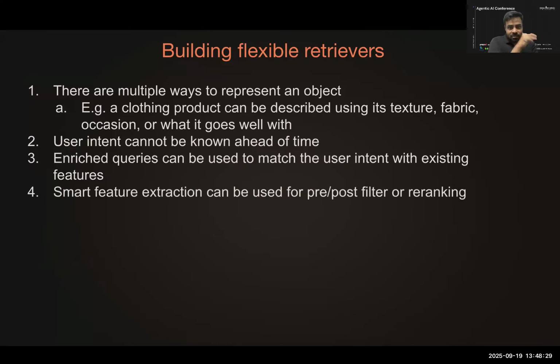Now, smart feature extraction can be used for pre and post filtering or re-ranking. What this means is that if there's a user query, you can use a part of that query or keywords from that query to extract some things, right? Some important things that can be used for filtering out something for that specific user. So these are a few things that you can do to build more flexible retrievers.